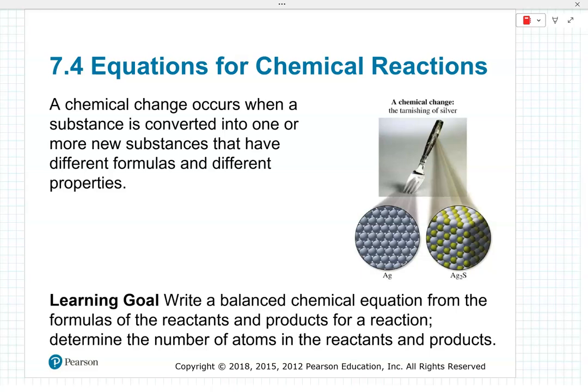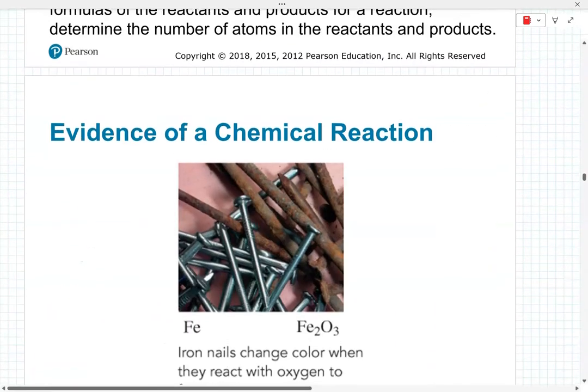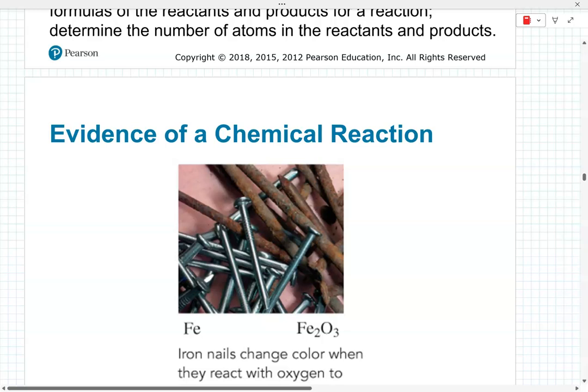No? Okay. So now we're going to learn how to write balanced chemical equations. So first of all, a chemical reaction is when atoms in substances are rearranged.